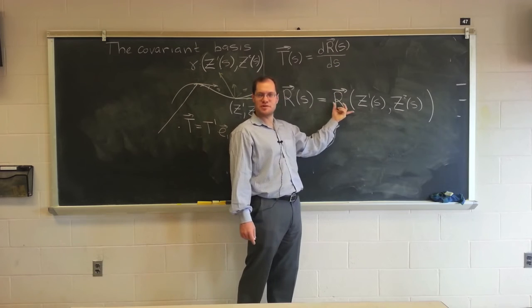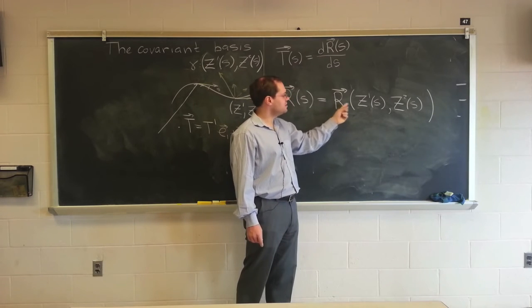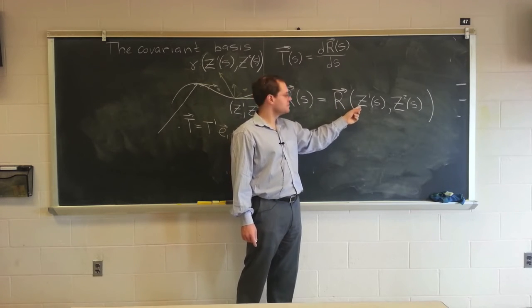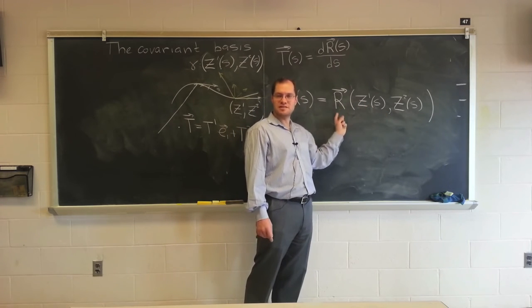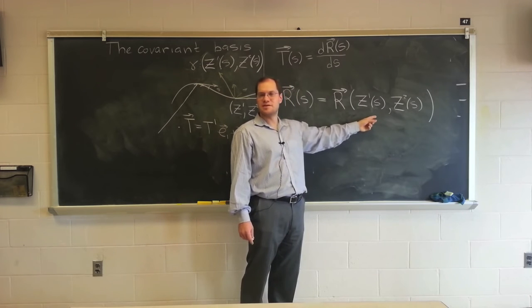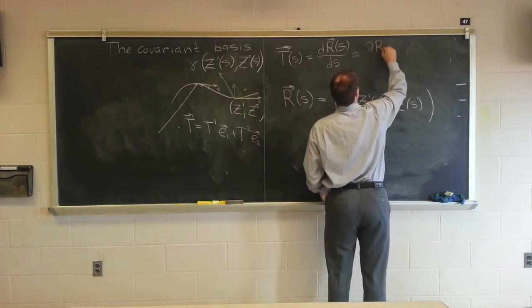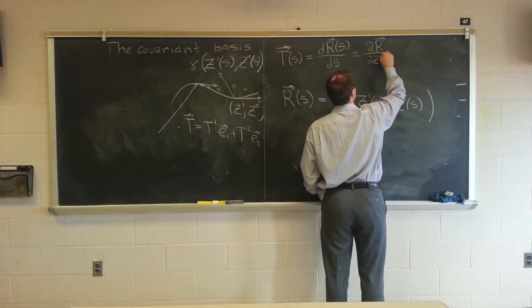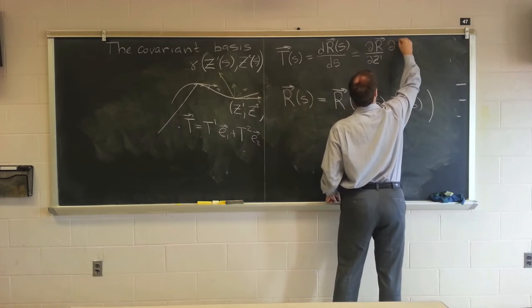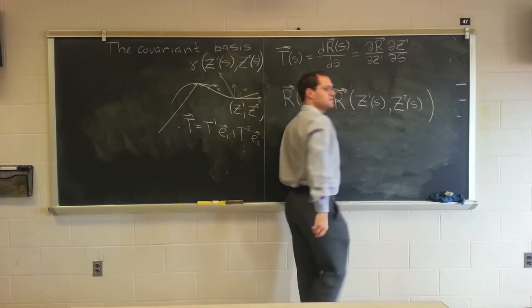And I will just take the derivative of this by the chain rule. It'll be dR/dZ1 dZ1/ds plus dR/dZ2 dZ2/ds. You guys are with me on that? Be careful.